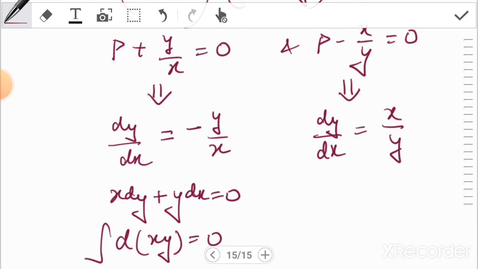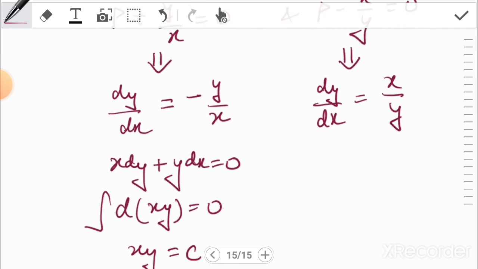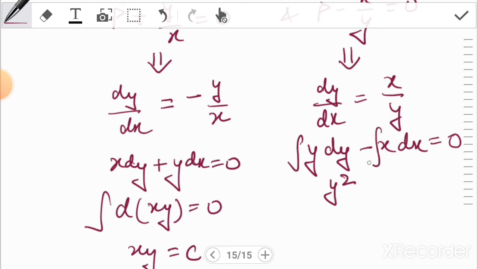Okay, so this will be equal to y dy minus x dx is equal to 0, and integrating we will get y square by 2 minus x square by 2 is equal to c.